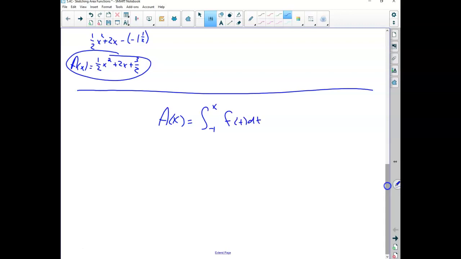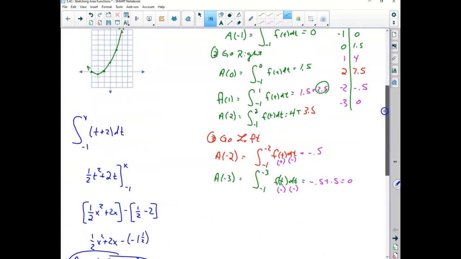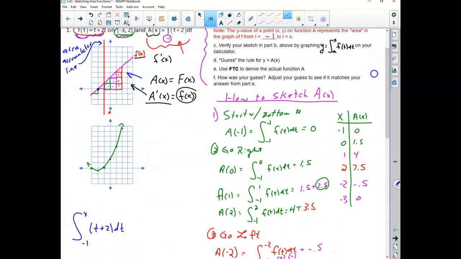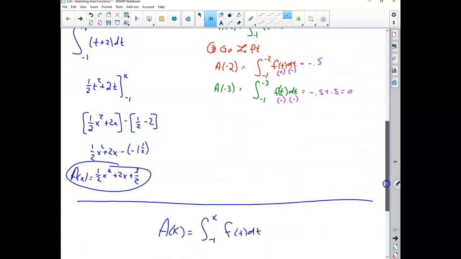So we know A prime of x equals little f with x in it, correct? So the derivative of our area function is little f with x in it. It's right there, the derivative of my area function, okay?